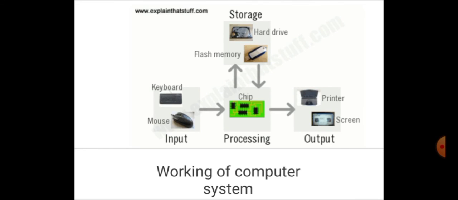The CPU executes programs which tell the computer what to do, with execution of data and instructions in the ALU. Then output from the printer and screen displays the result given by the computer after processing the data. This is output. We get output. All these activities are performed by the CPU only.